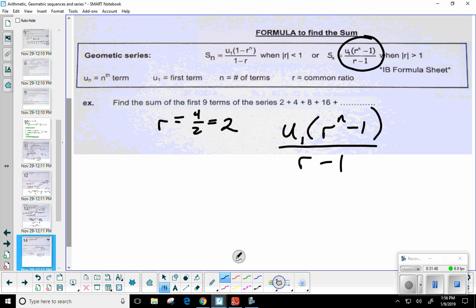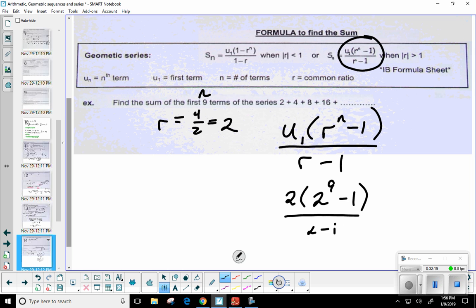Well, what's the first term? 2. And that's why I like these kind of problems. Really, it's just very straightforward. These are the kind of problems you're going to want to see on the paper exam. You're just plugging into the formula and you're simplifying. So r is 2, to how many terms? We want the first 9 terms, so that's n. 2 to the 9th minus 1, and this is all over 2 minus 1. Here it's actually pretty nice to us.